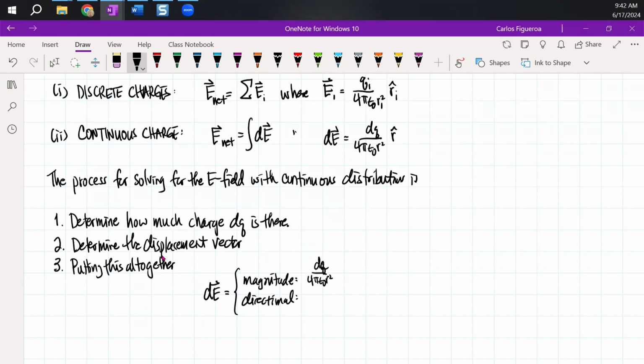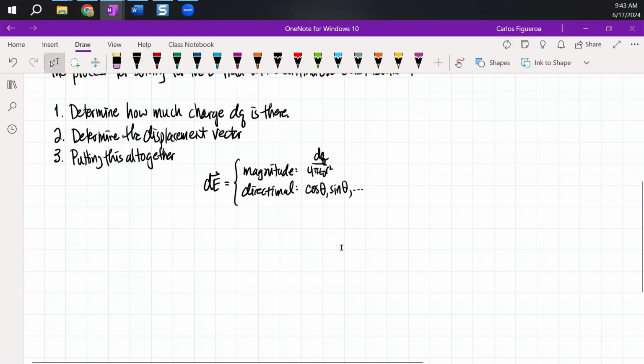Typically we've said the direction was the angle theta, but that's typically not most useful. What's most useful is the directional, the cosine or sine functions or whatever combination we need. So we need those two things, and that all comes from the displacement vector.